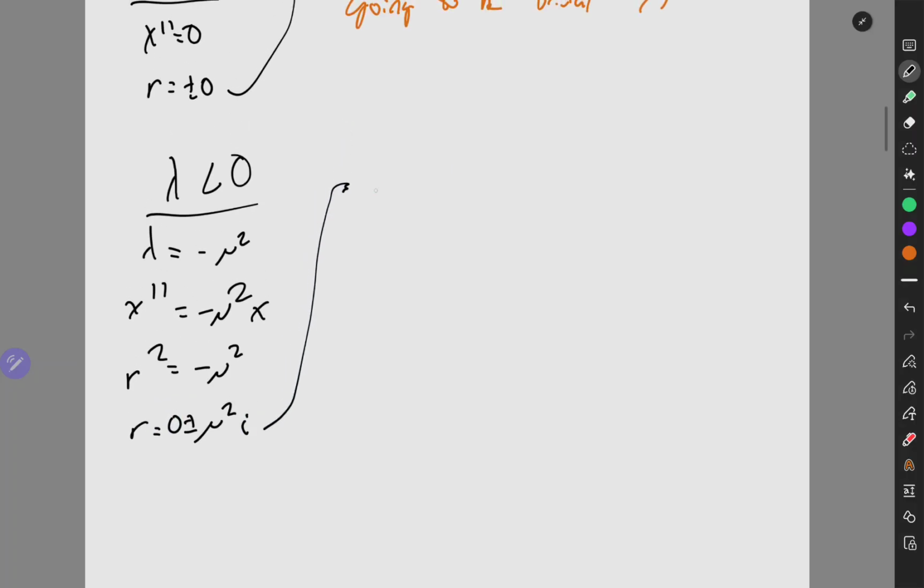Use a shortcut for complex roots. Cosine mu x plus c2. For some reason in my notes I use y here. That's not right. I don't know why I was doing that. Sine mu x. No, I can't draw mu's.